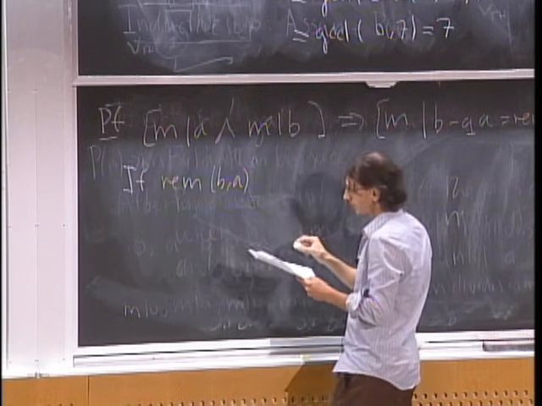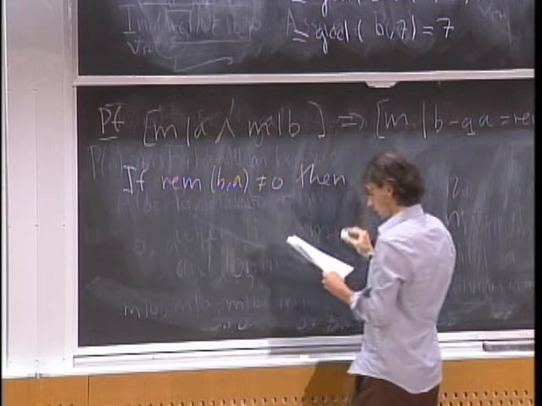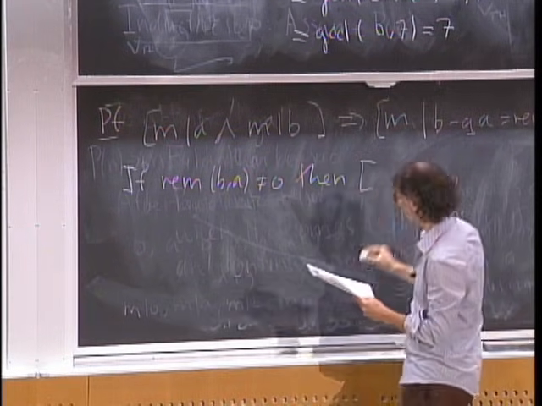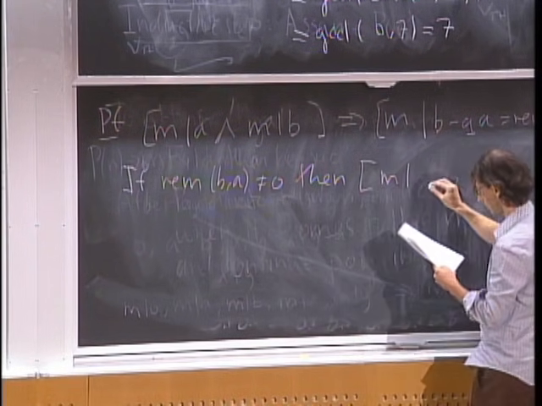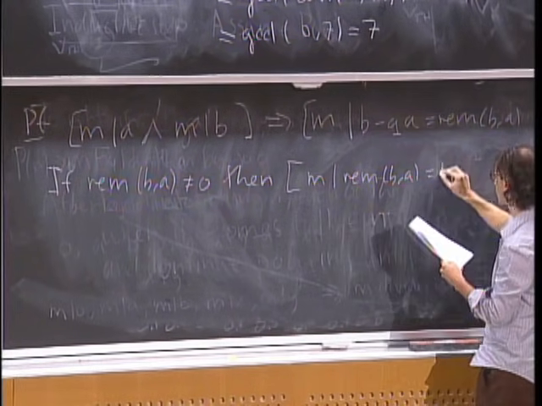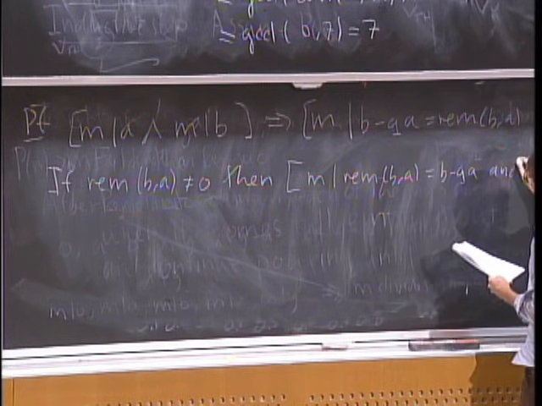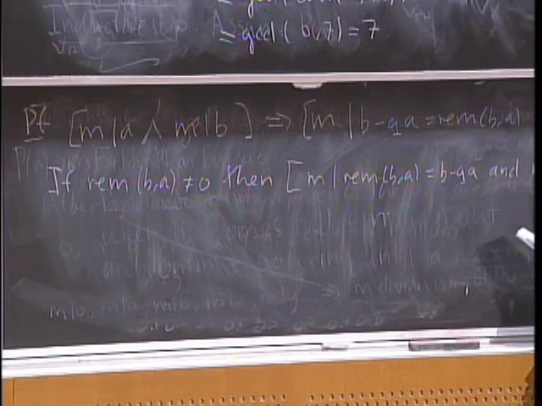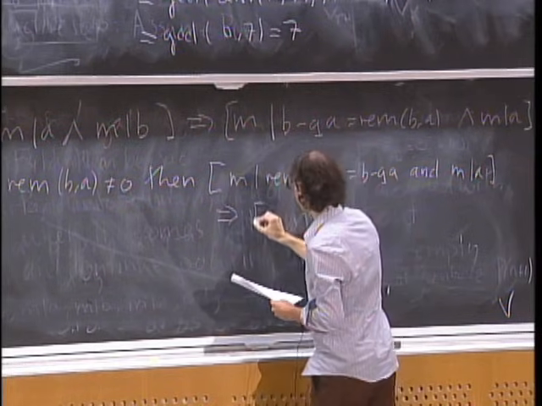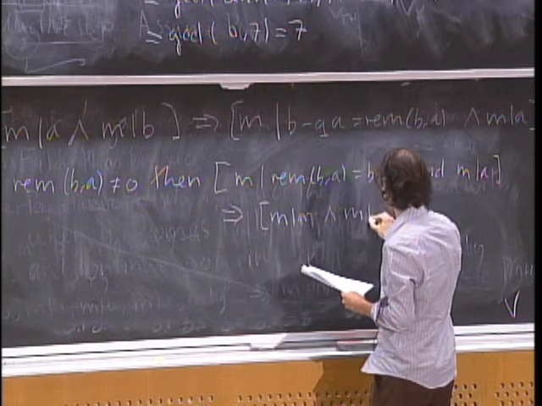We consider two cases. If the remainder of b and a is unequal to 0, well, what can we say now? We can say that if I know that m divides this remainder of b and a, which can be rewritten as b minus q times a, and I also know that m divides a, then this actually implies the reverse of this statement, that m divides a and m divides b.